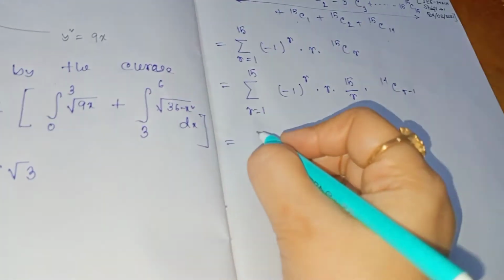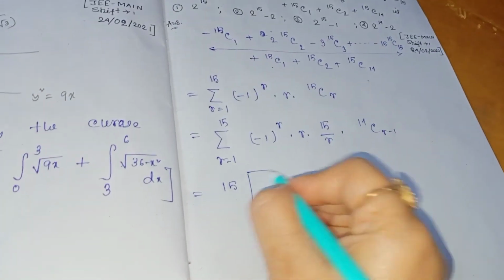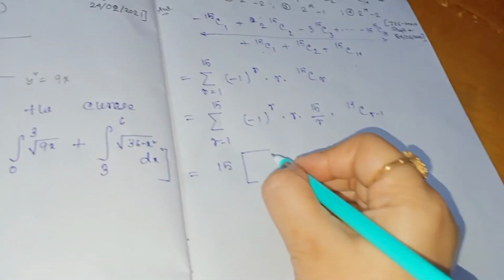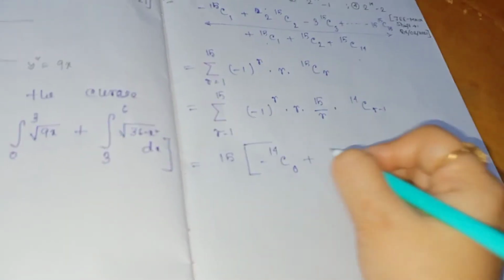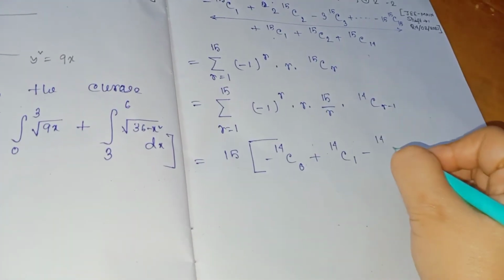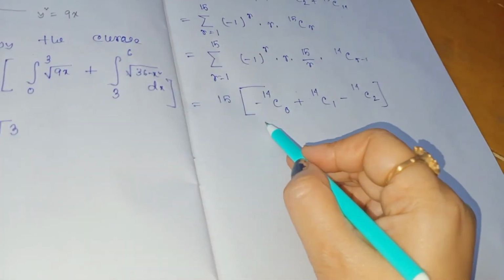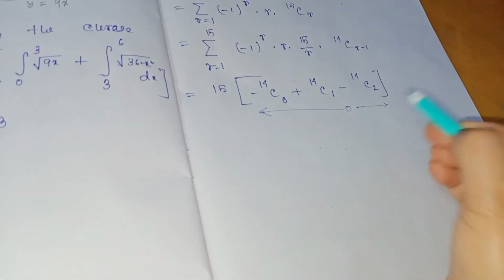So it is 15 into 14 C0 minus 14 C1 plus 14 C2, and we all know the value of this is 0.